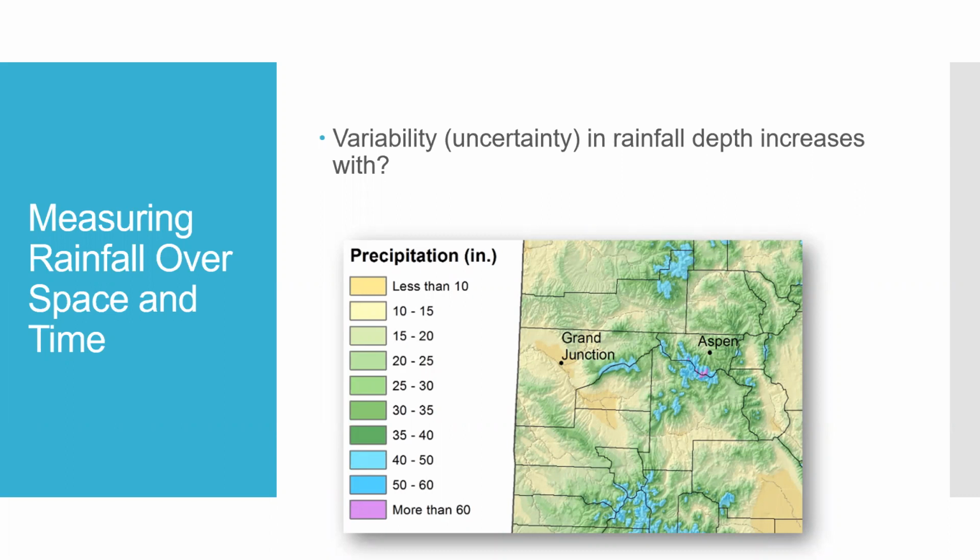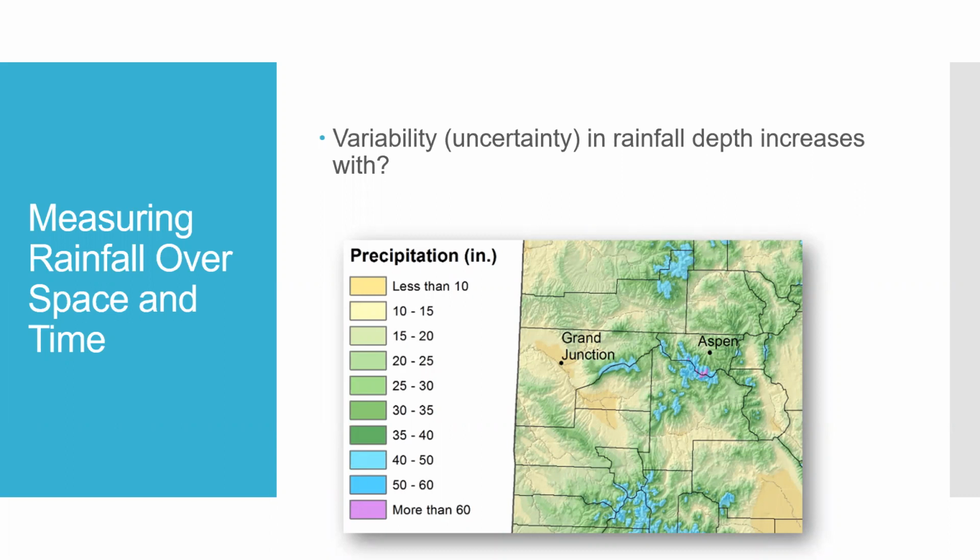And so if I want to say a watershed that comes off of, say, Cannon Creek watershed right here, I want to estimate the average precipitation over the year or for a storm event. And I just have one rain gauge here, I'm missing out this gradient. And so there's probably going to be more rainfall for a particular storm event and on average across the year. So I would need a network of rain gauges to account for that.